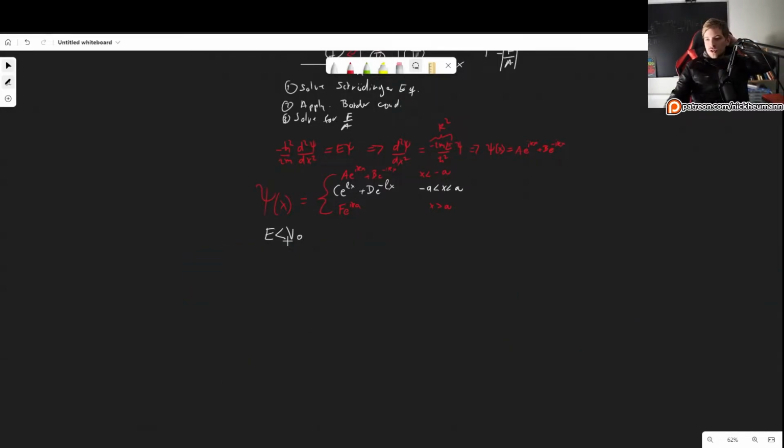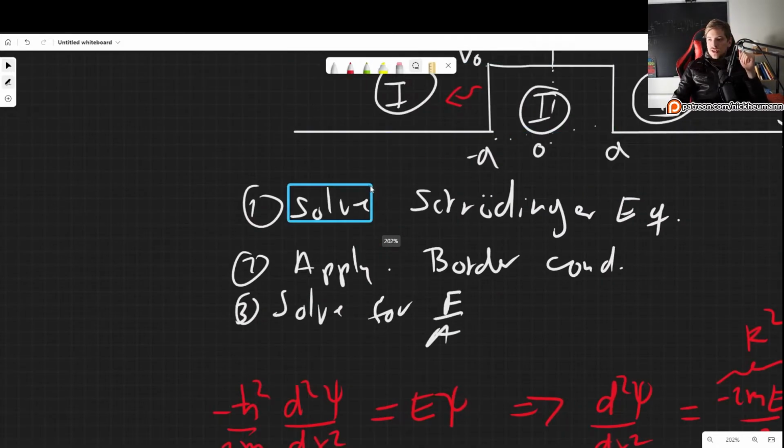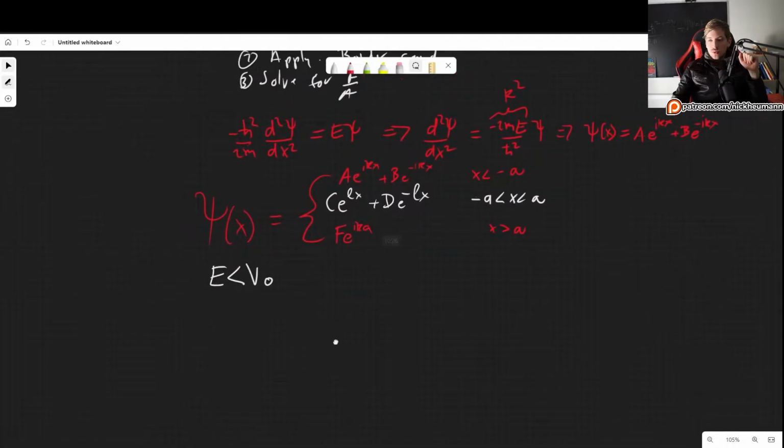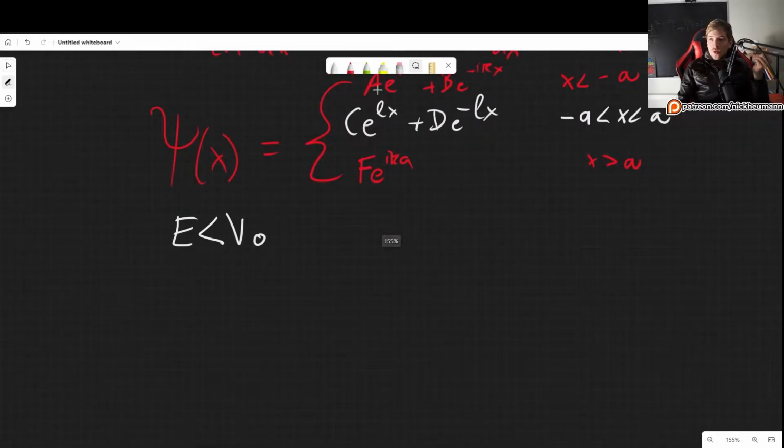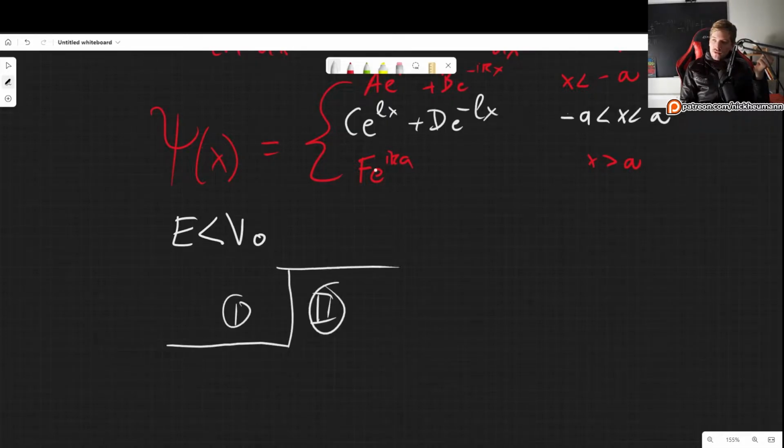As I mentioned, our procedure is step number 1, solve the Schrödinger equation. Step number 2, apply boundary conditions. So what we need to do is apply boundary conditions to this problem. Now, what do I mean? Of course, if we are in region 1 and we go into region 2, our wave function must be continuous.